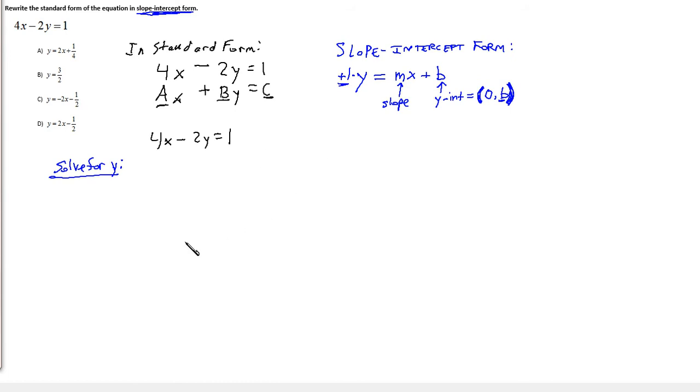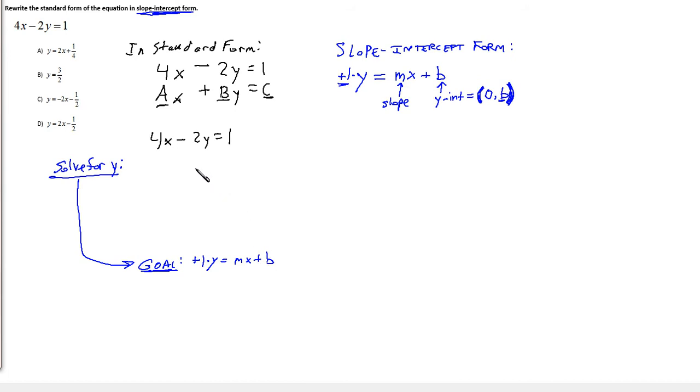So basically our goal is to rewrite this equation so that it looks like this. Positive 1y equals mx plus b. To solve for y in this particular case, we need to rewrite it in this form, and then we'll have satisfied the instructions.